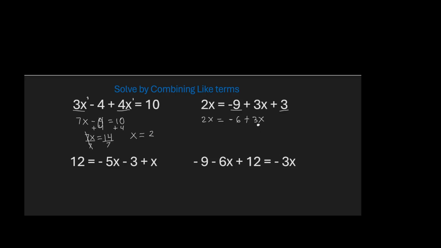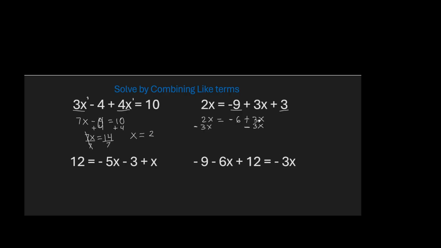Now we have variables on each side of the equal sign. So I have to get rid of one of these two. I'm gonna get rid of this 3x by making it 0. Because it's positive, I'm gonna make it 0 by subtracting the whole thing. Subtracting 3x, I'll do the same thing on the other side.